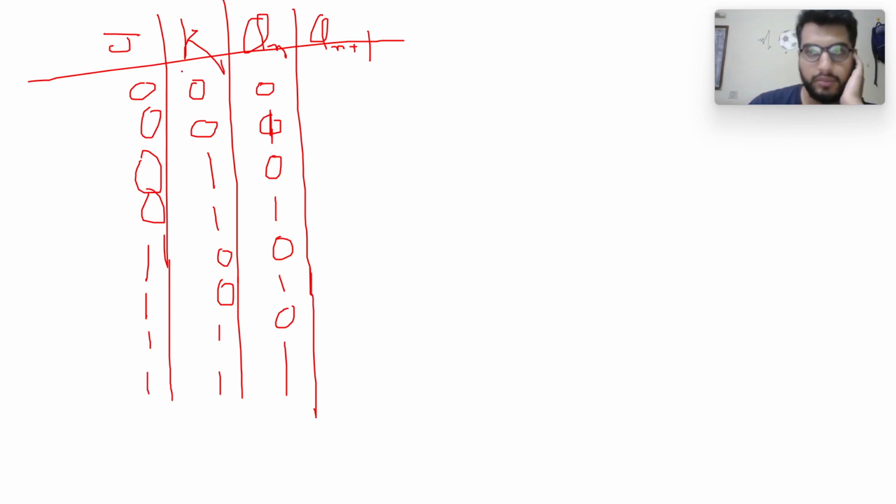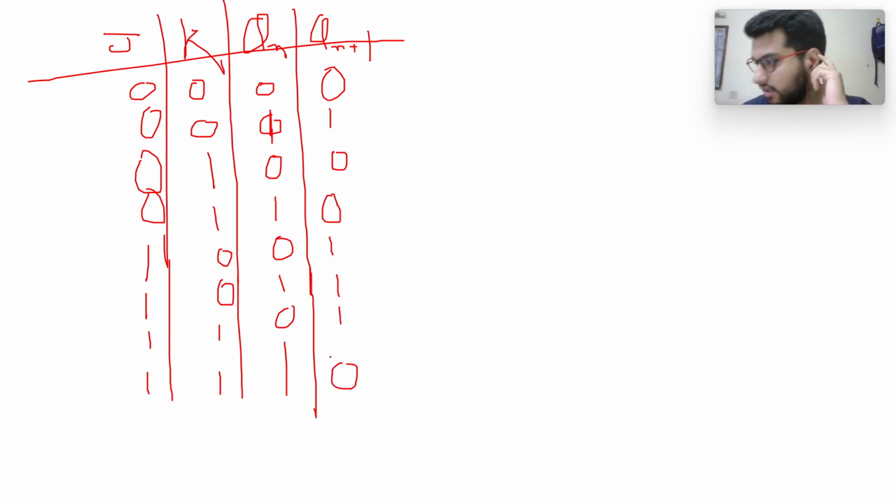So my inputs both are 0 0, so output will be equal to Qn, so it will be 0 1. My inputs are 0 1, so output will be 0 0. My inputs are 1 0, so it will be 1 1, and my inputs are 1 1, so it will toggle, so it will be 1 0, right? Let me just check it. So 0 1 0 0 1 1 0, right?